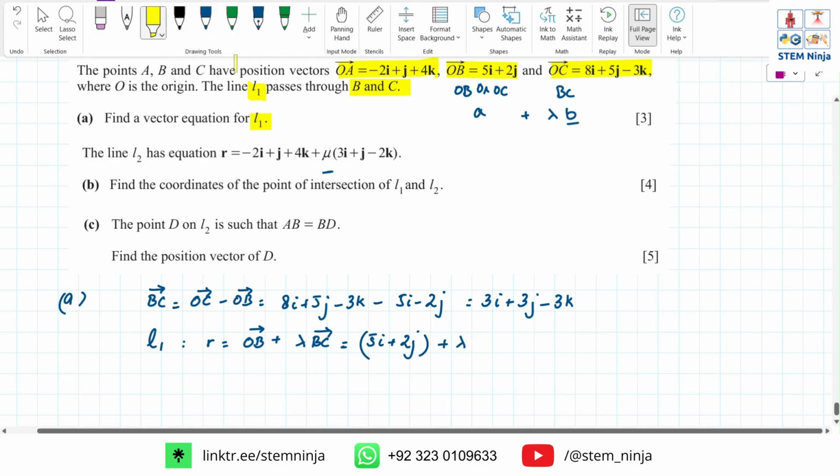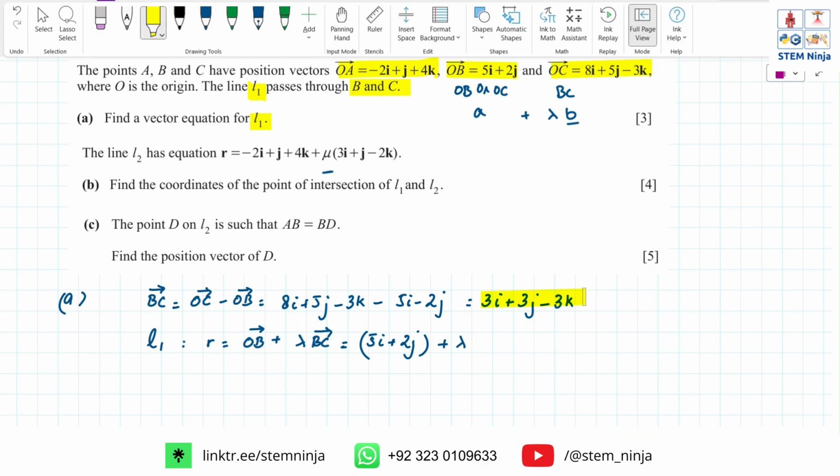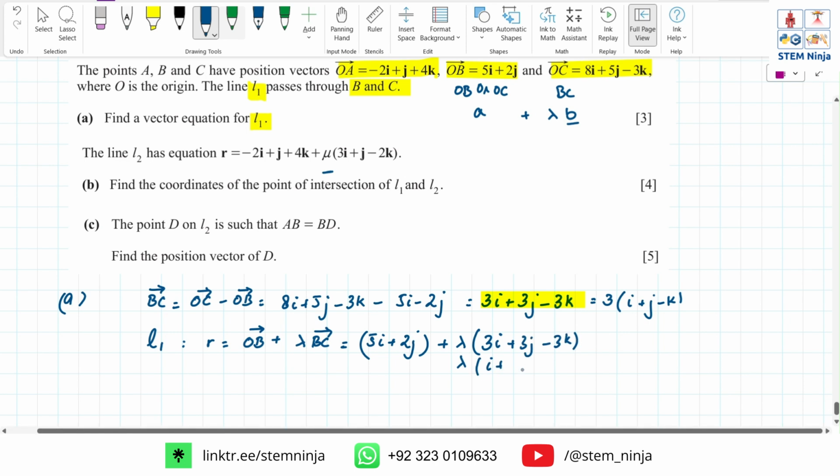Now notice that 3 is common in all of these components. So there is a way that you can still write it as 3i plus j minus k, and you can write lambda as either 3i plus 3j minus 3k, or even you can write it as i plus j minus k, because stripped down, this is the direction vector.